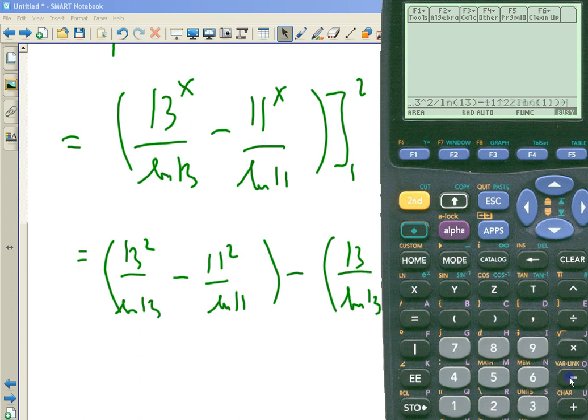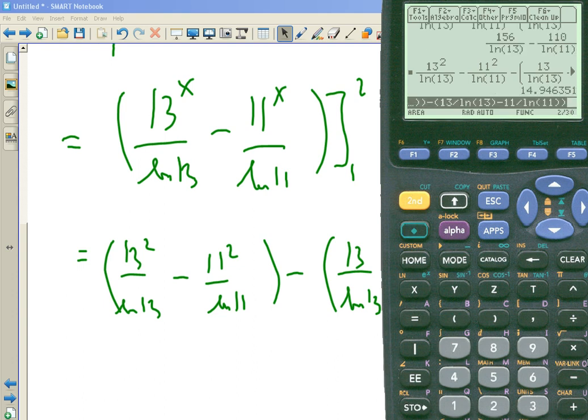That quantity minus 13 over ln 13 minus 11 over ln 11. And of course we don't want that. Diamond, enter. 14.946. Choice B, isn't it? Good, perfect, there you go.